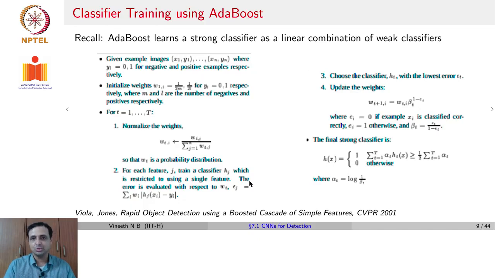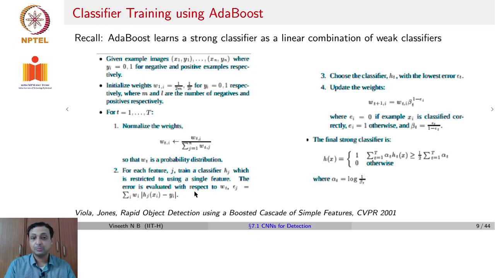This is the standard AdaBoost algorithm, where given example images x1, y1 till xn, yn, you initially start with uniformly weighting all your training samples, and you normalize those weights across all of your training samples. Now, for each feature j, which is one of your Haar features among all possible combinations that you could have, you train a classifier h_j, which is a weak classifier restricted to using a single feature.